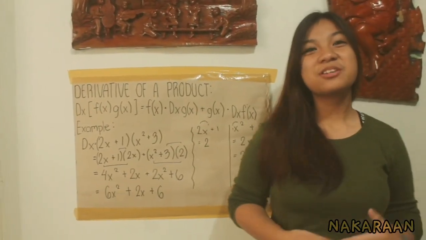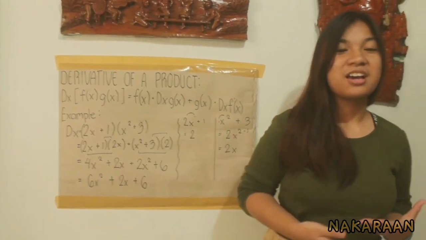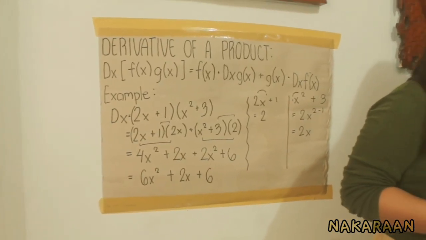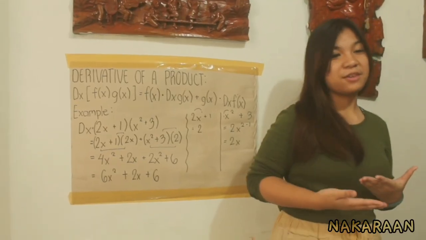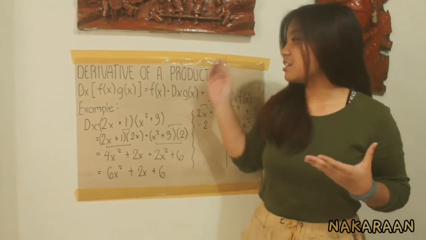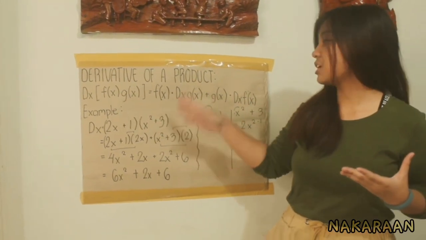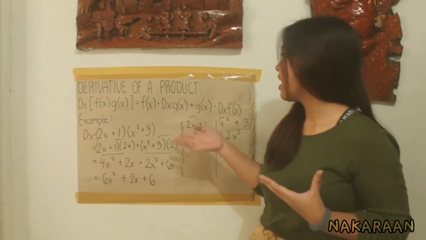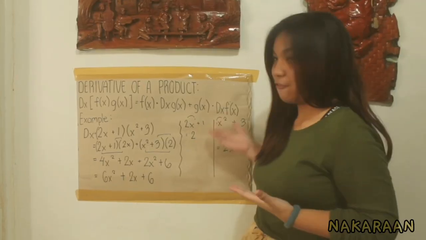Hello there and welcome. So today we'll be diving right into the derivative of a product. A derivative of a product is when we are differentiating multiple functions and multiplying them by each other. The derivative of f of x times g of x is equivalent to f of x multiplied by the derivative of g of x, added to g of x multiplied by the derivative of f of x.